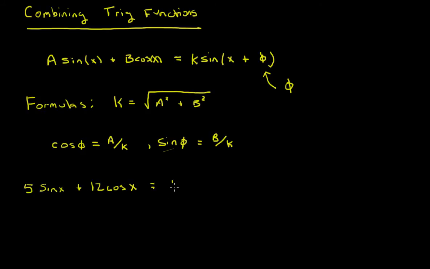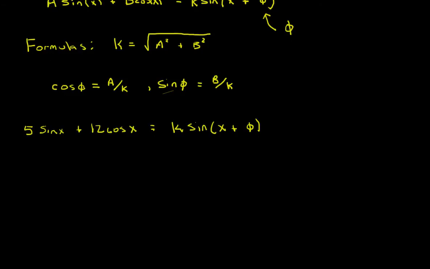So we're going to try to figure out what k is, and then secondly, the phase angle phi. Just to comment, 5 and 12 make up a nice right triangle, where the hypotenuse would be 13. So our value for k is 13. It's the square root of 5 squared plus 12 squared.